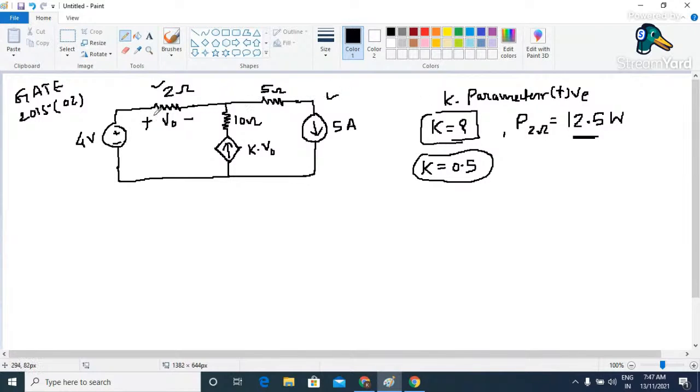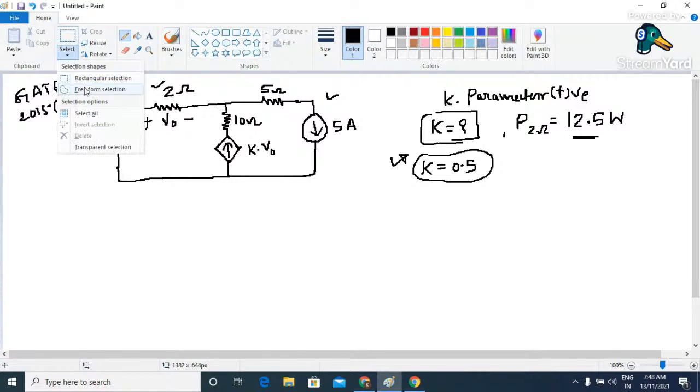And we have this V naught, which is the voltage across this resistor. So first of all, calculate the value of V naught by using the formula P equals V square by R. P is known to us, R is known to us. Once you know the value of V naught, then apply KVL and KCL and find the value of this K. So this is the hint to solve this numerical.